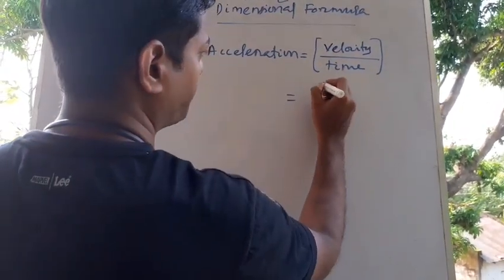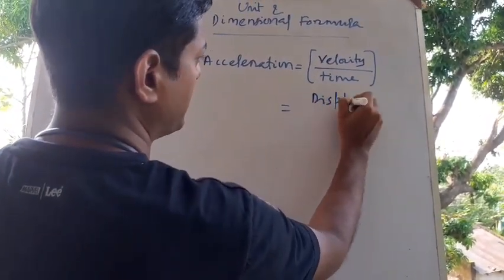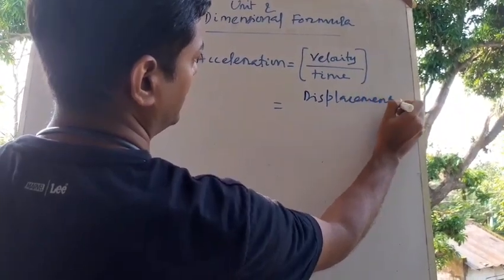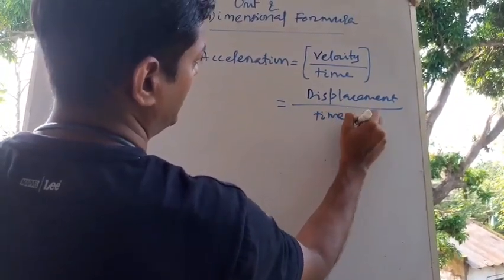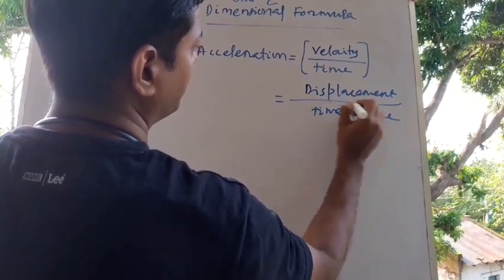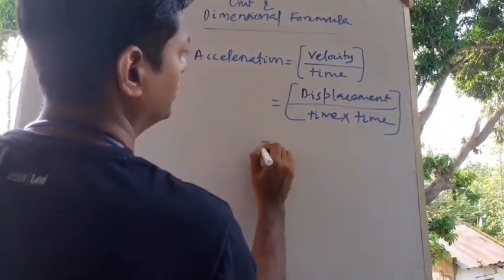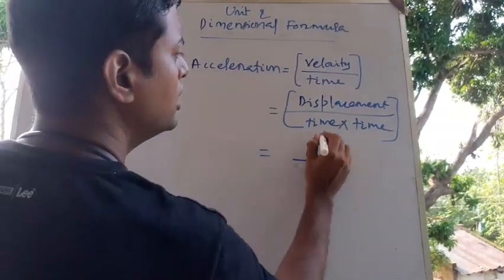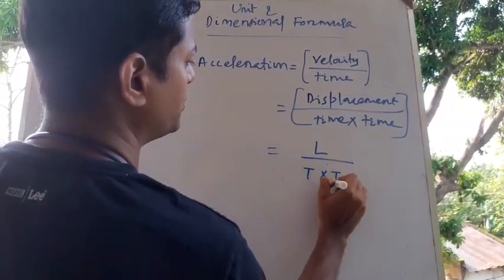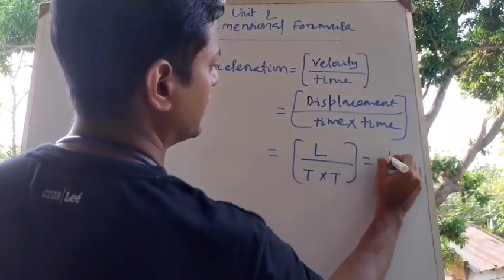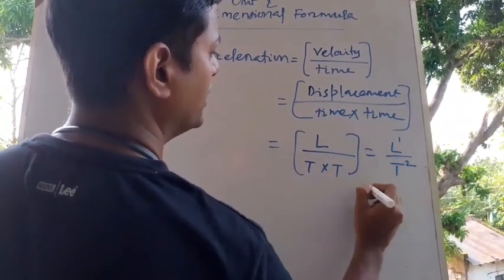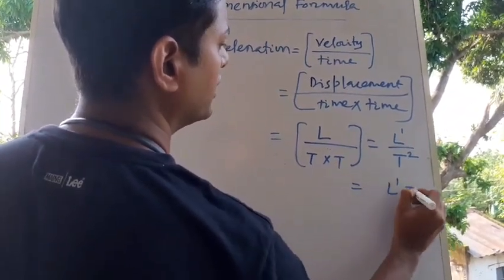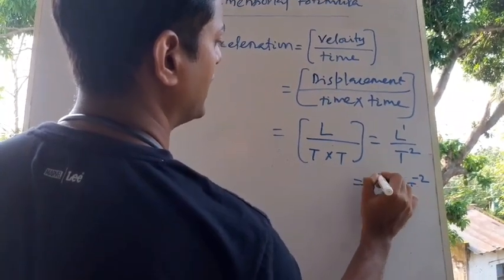So velocity is displacement by time, into the other time which is there in the denominator already. So displacement by time square. For displacement I can take length L, for time square I can take T into T. So I can write L1 by T square. That will be nothing else but L1 T minus 2. Here I can write M0.